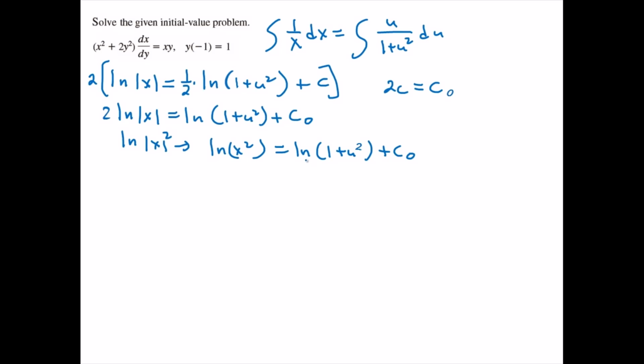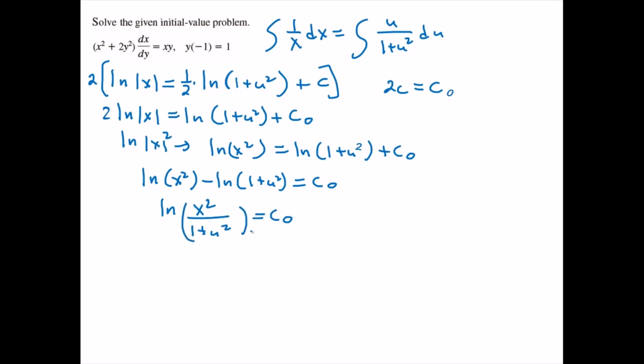And then we can subtract the natural logarithm of 1 plus u squared from both sides, giving us the natural logarithm of x squared minus the natural logarithm of 1 plus u squared equal to c sub 0. And then using our rules for logarithms, we can write this difference of logarithms as the natural logarithm of the quotient, x squared over 1 plus u squared. And that will be equal to c sub 0.